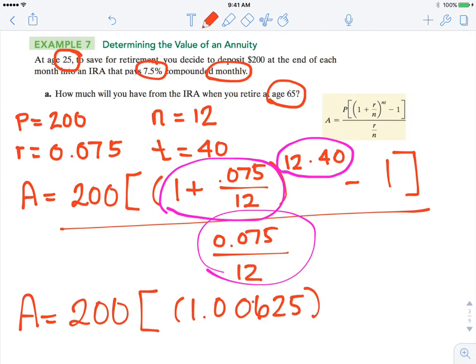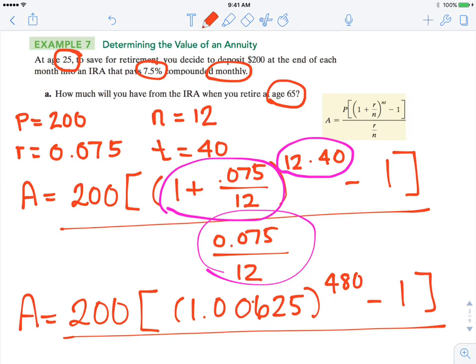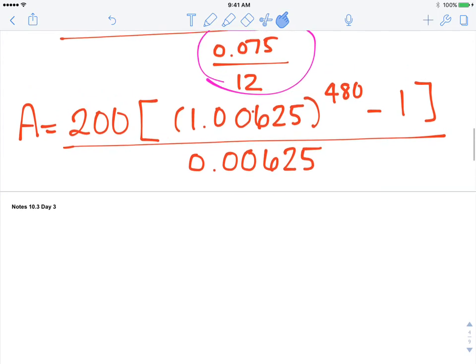And then 12 times 40 is 480 minus 1. And then all over, you want to simplify that denominator. So 0.075 divided by 12 is a decimal of 0.00625. Then I feel like you're probably comfortable to type that into your calculator.